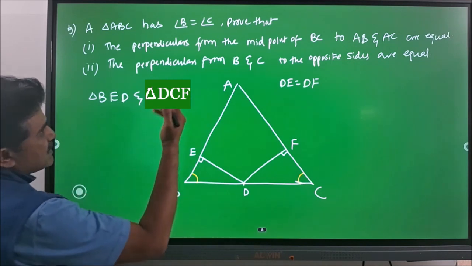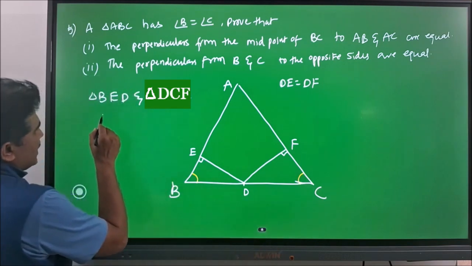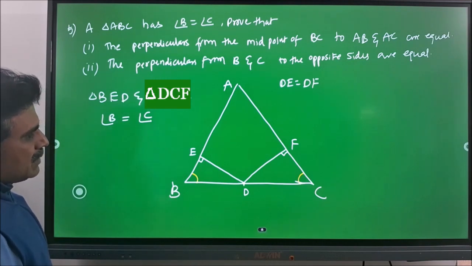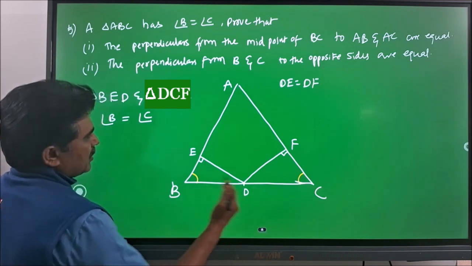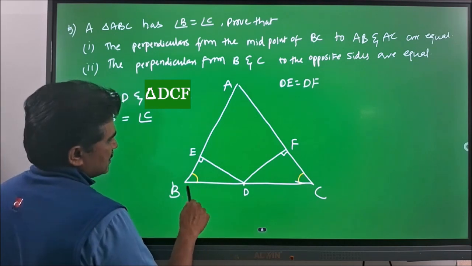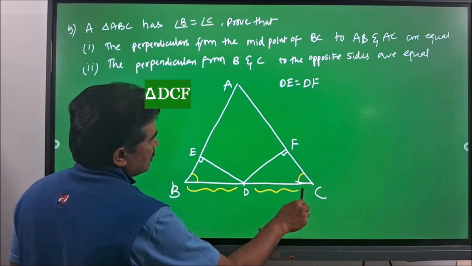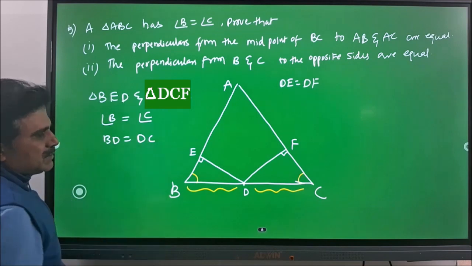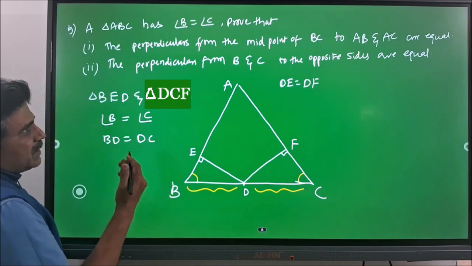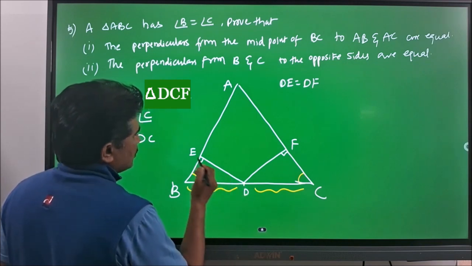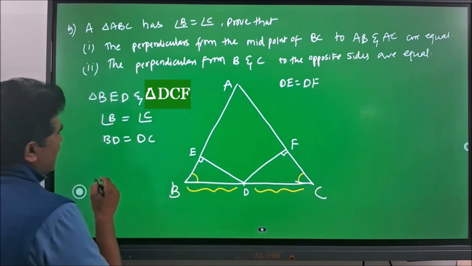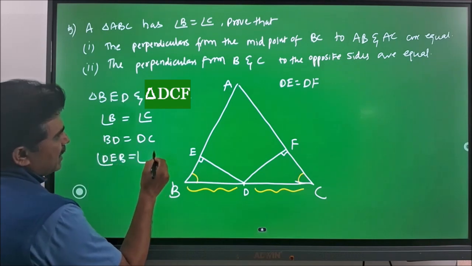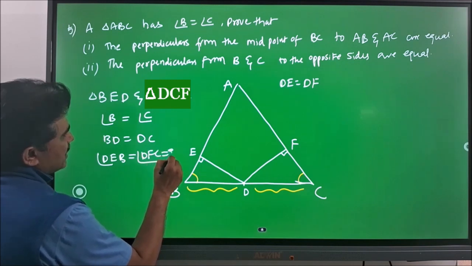So first of all, as given, angle B is equal to angle C. So we have angle equality directly from the given, and then it is given that D is the midpoint of BC. So that means the distance BD is equal to DC. That also we need to mention, BD is equal to DC is given. And one more, directly they said that we have drawn perpendiculars from D to E and D to F. So that means angle at E, that is DEB, is equal to angle at F, DFC, which is 90 degrees.